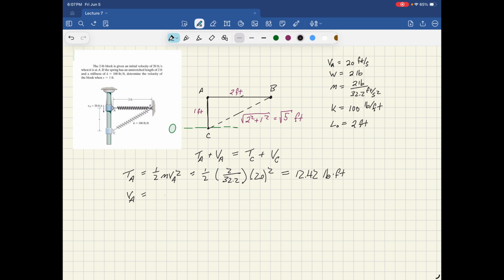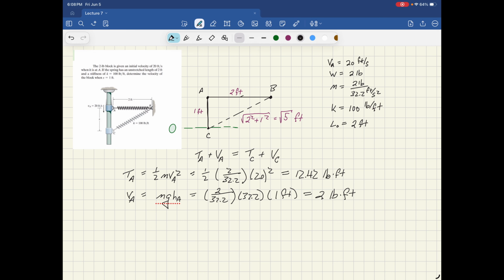So we will write m g h, and we get the mass as 2 over 32.2 times g, 32.2. So we could have just used the weight, and the height is 1 foot. So we end up with 2 pound-feet.